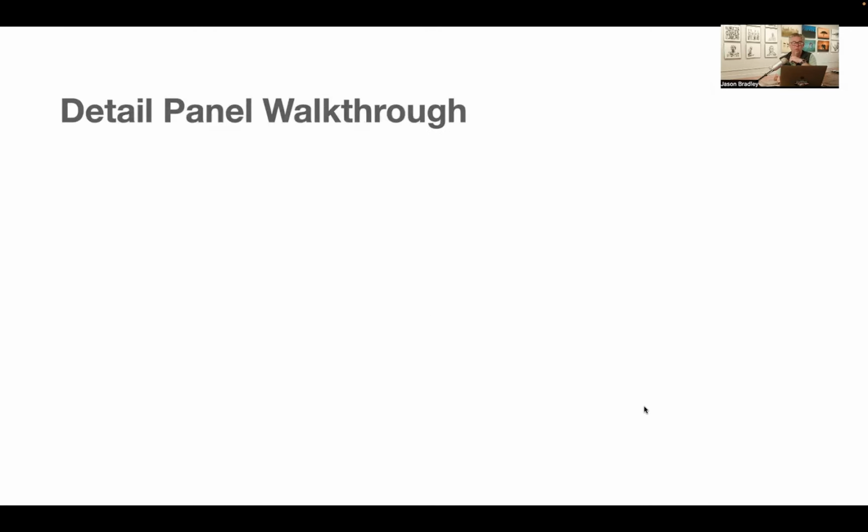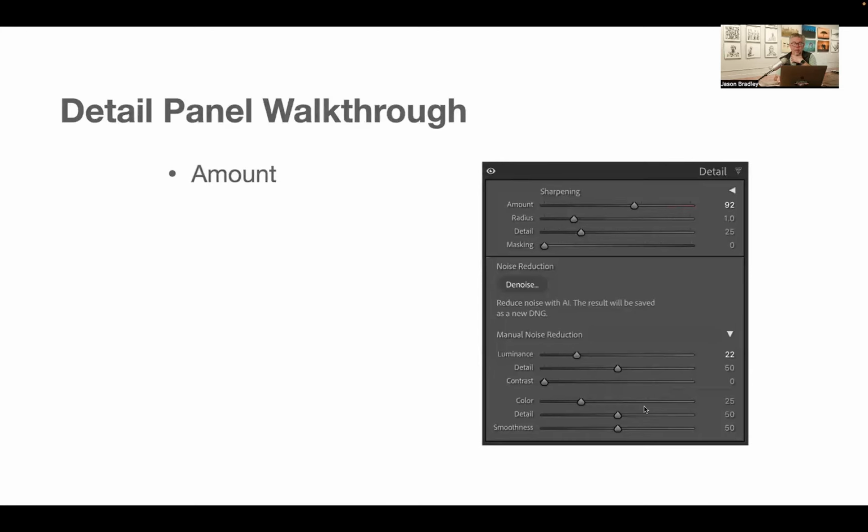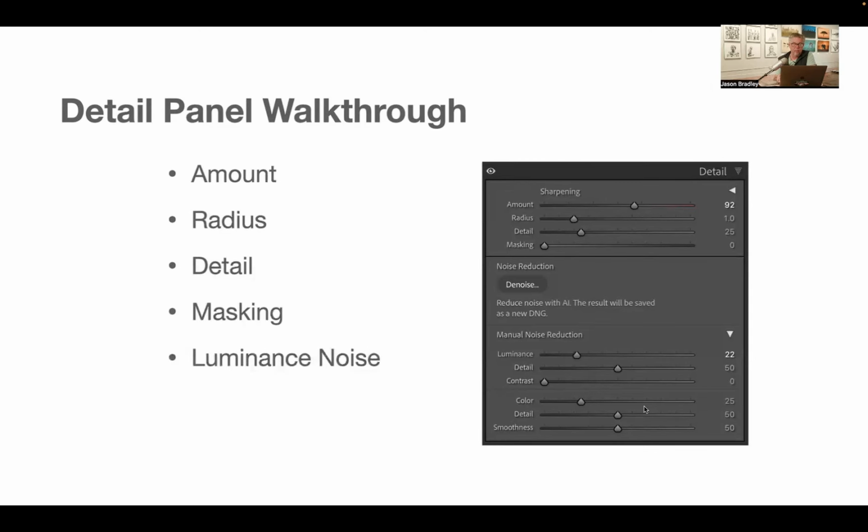Let's do a bit of a walkthrough of the detail panel, okay? In the detail panel, we have the amount of sharpening at the very top. Underneath that, radius, underneath that, detail, and then underneath that, masking. There's, of course, luminance noise. If we go down to the bottom where the manual noise reduction sliders are, we have the ability to work with luminance noise and color noise.